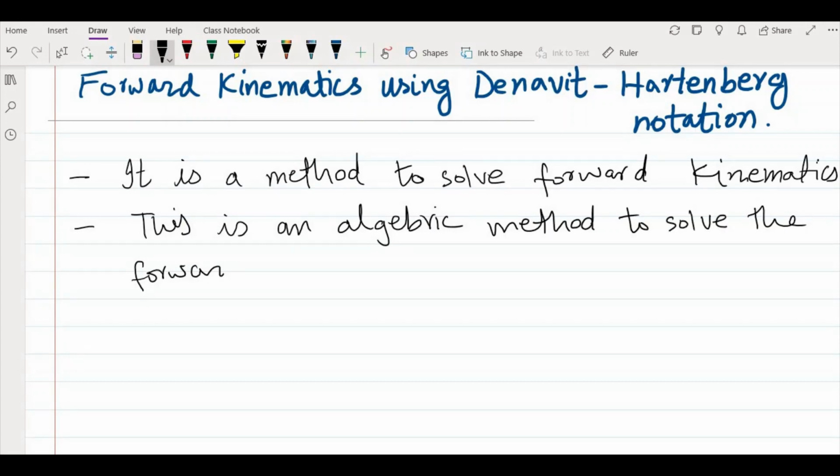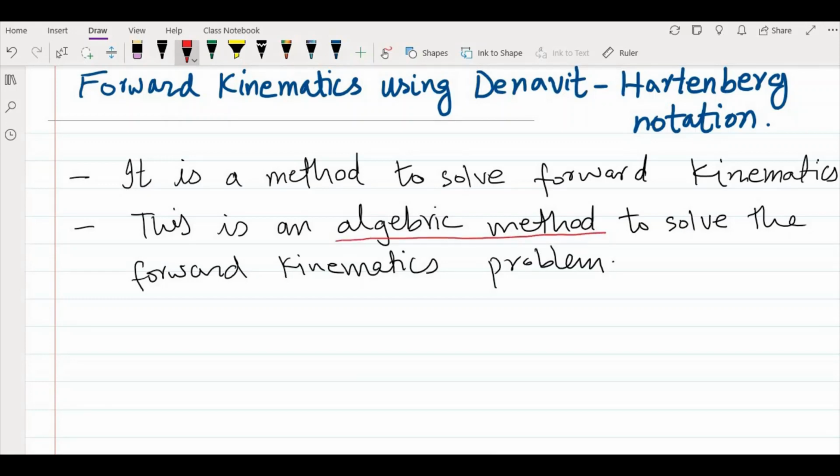You can notice the words algebraic method. Previously, in the previous lecture, we also talked about forward kinematics, but the method we used there was the geometric method. But this one is using an algebraic method.